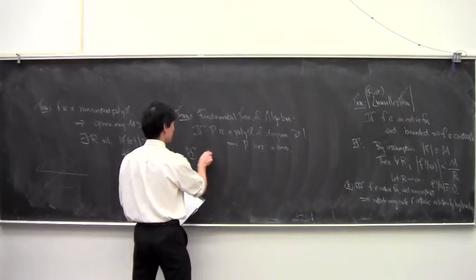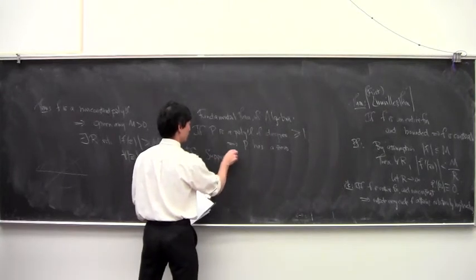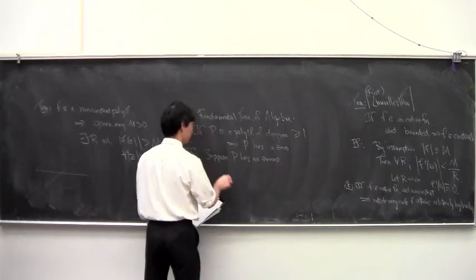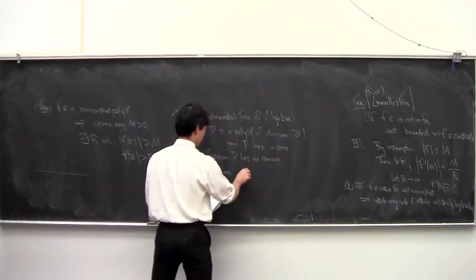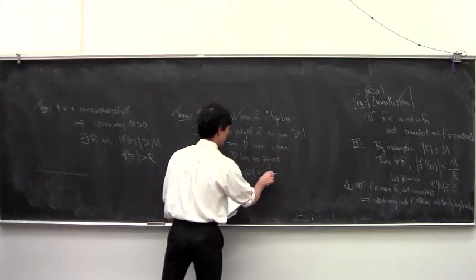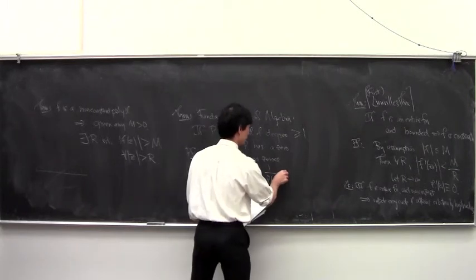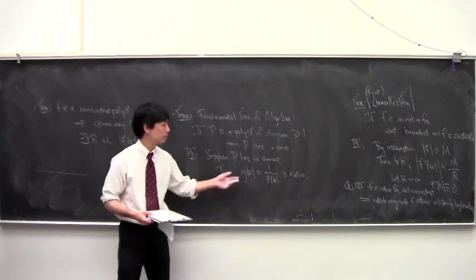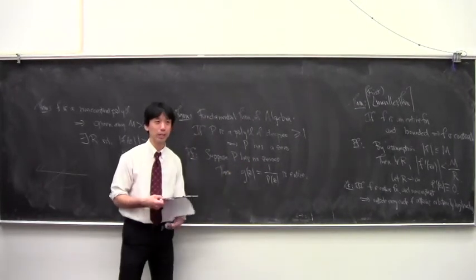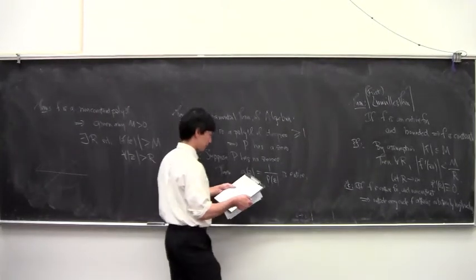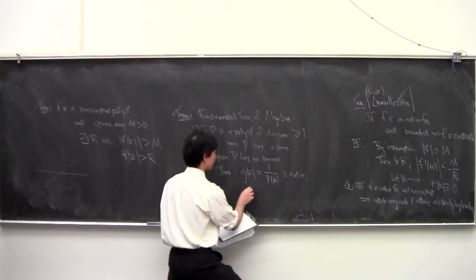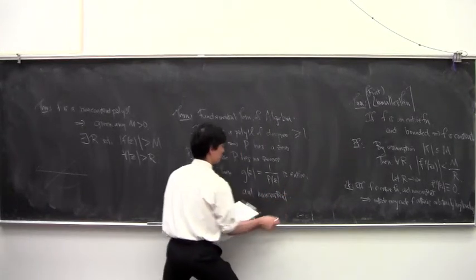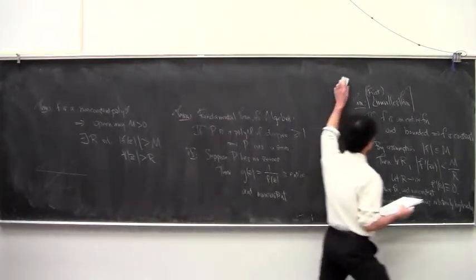Suppose P has no roots, no zeros. Then the function 1 over P is entire, because if it has no zeros, then 1 over it is still analytic. And it's non-constant, because P was non-constant.